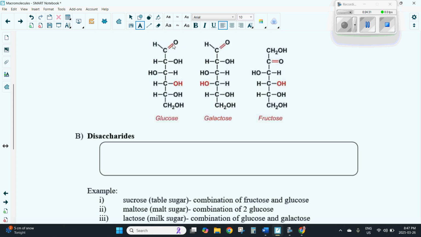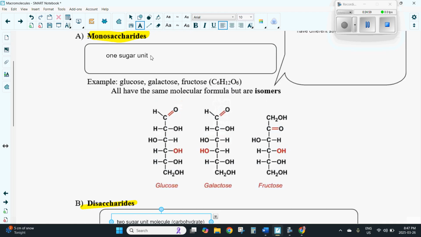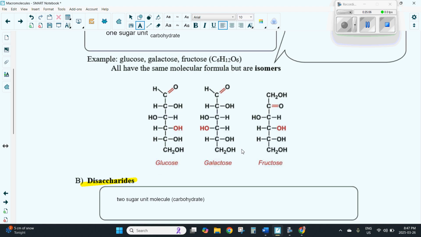Knowing what a monosaccharide is, you should be able to define what a disaccharide is. A disaccharide is a 2 sugar unit carbohydrate.